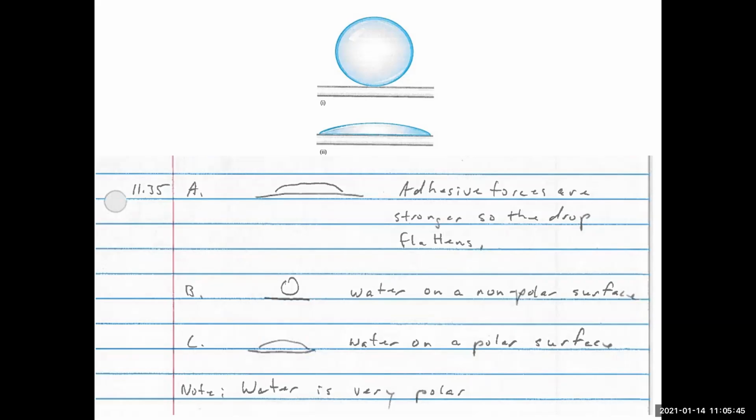There's two things we've talked about. One is opposites attract, and that tends to be with charge. The other is like dissolves like. Polar stuff dissolves polar stuff, non-polar dissolves non-polar stuff. This isn't dissolving anything, but it is an interaction. So if the water is polar and it's beading up like that, do you think the surface is polar or non-polar?